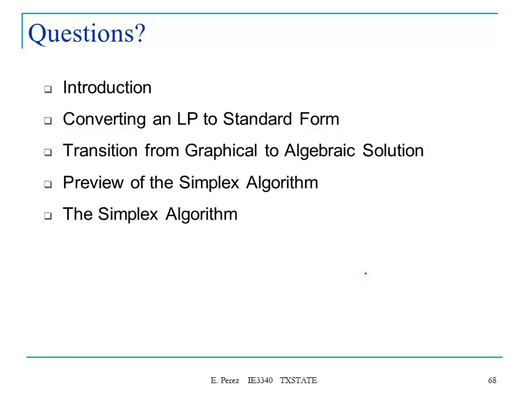So if you start with an equality from the start, then adding a slack variable is not an option because the constraint is already an equality. So we're going to have to design another method in which we can solve the problem using the Simplex method for those cases. Okay, but for now, for the purpose of the exams, we will cover the Simplex method up to the maximization problem.